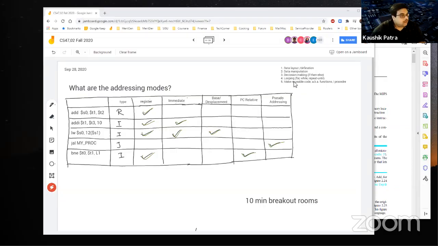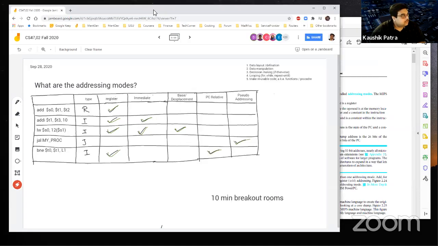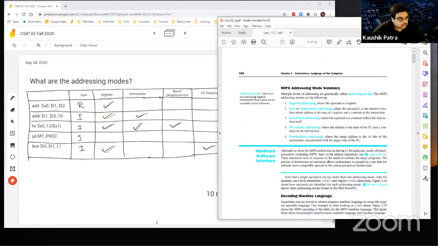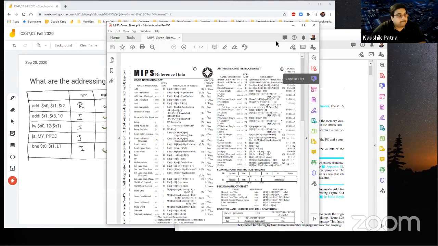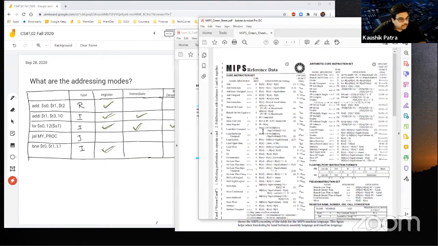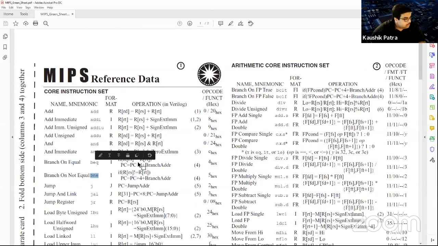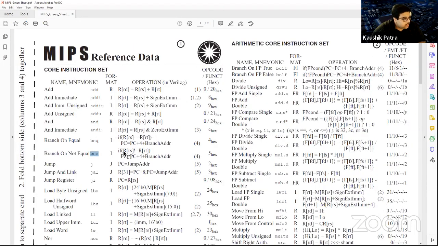Look at the BNE here. BNE is more like: if these two register contents are not equal, then you do this to the PC.